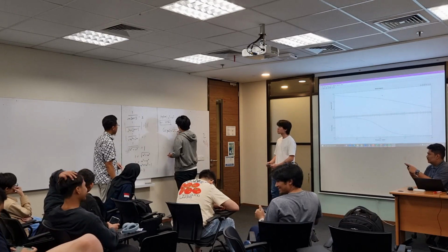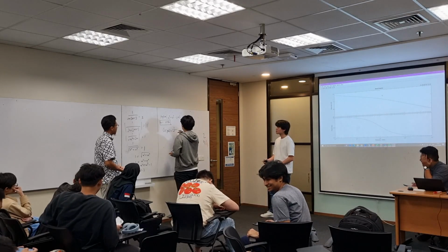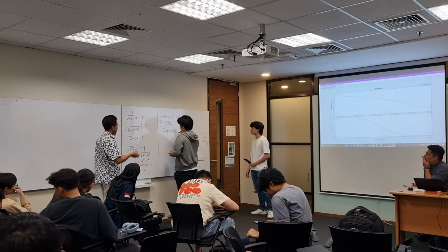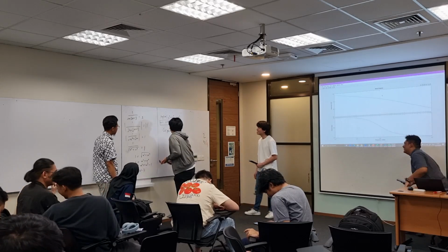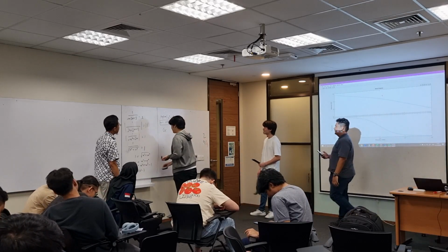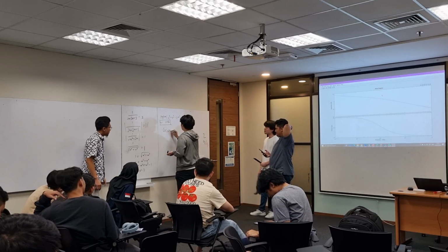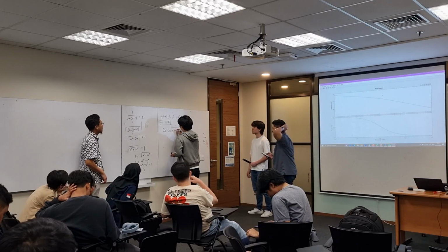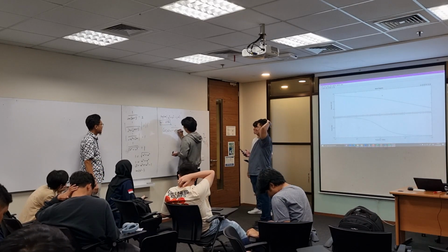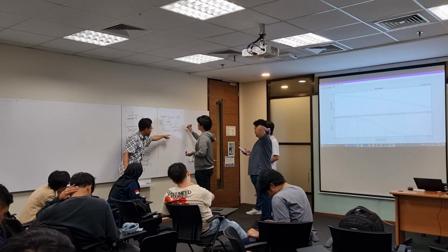Minus omega square plus minus omega square. Rewrite that. Is equal to 1 plus j omega. Okay, now you plug in this omega here.